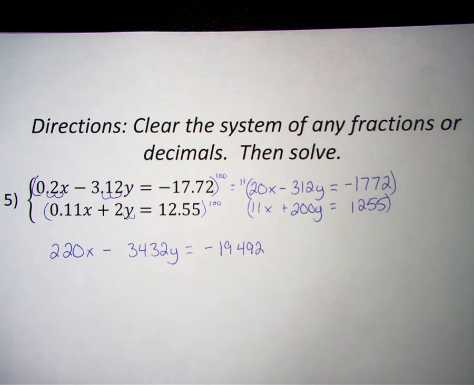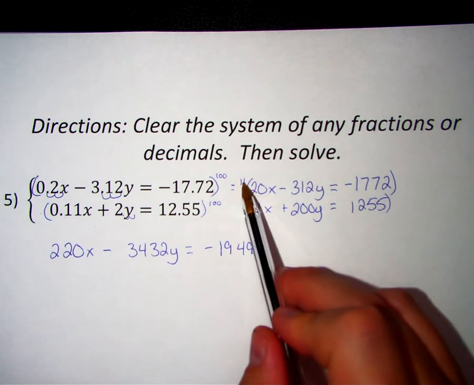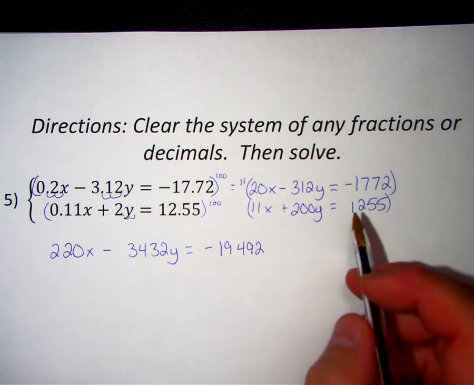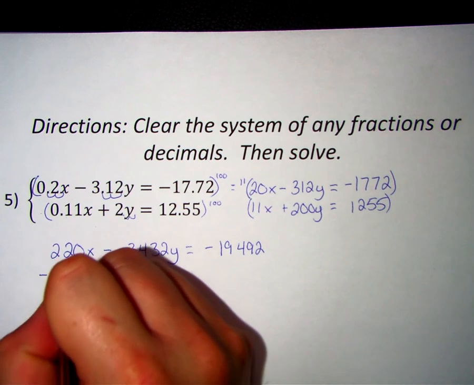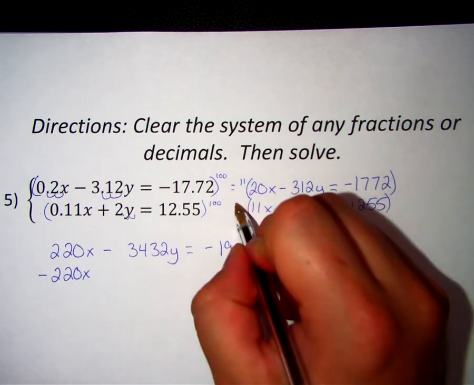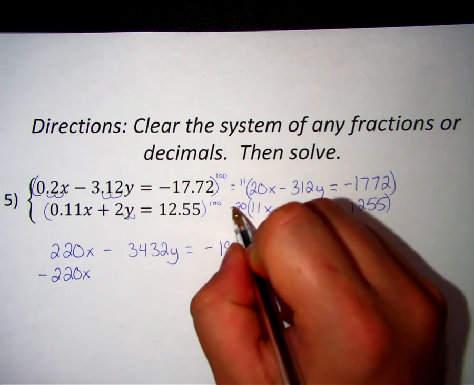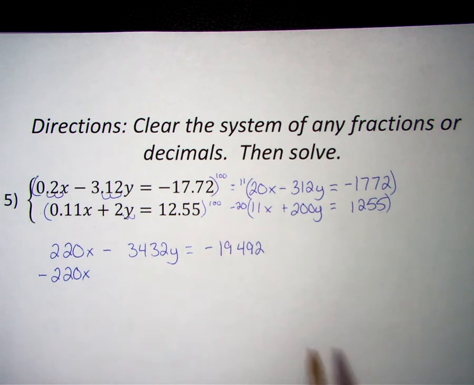All right, so far that wasn't too bad. Now we got 220x by multiplying 20 times 11. Remember that in order to use the elimination, we now want a negative 220x, which means we're not only going to be multiplying by 20, we're going to be multiplying by negative 20 to make the outcome negative.